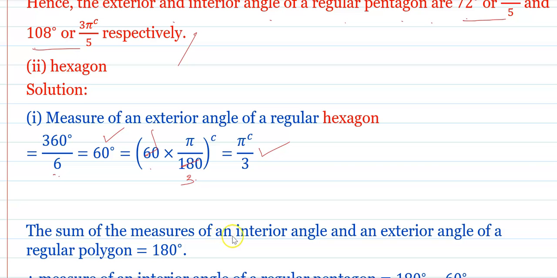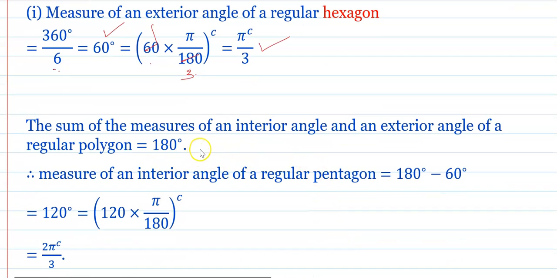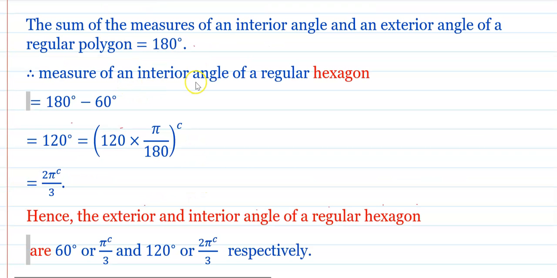The sum of the measure of an interior angle and an exterior angle of the regular polygon is 180. The measure of an interior angle of a regular hexagon is equal to 180 minus 60 degrees. Then you will get 120. Again we will convert this to radian, that is 120 into pi upon 180, and this is in radian. Again the zeros will cancel. We will reduce by 6: 6 twos are 12 and 6 threes are 18.